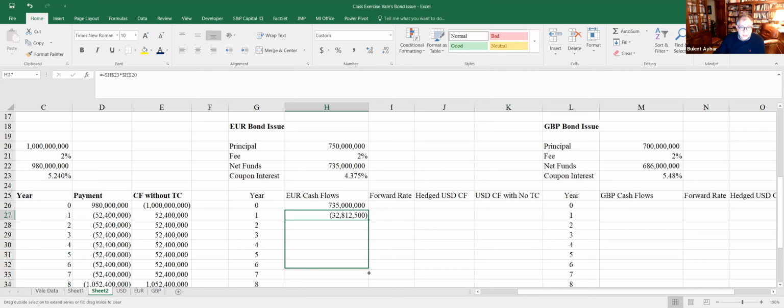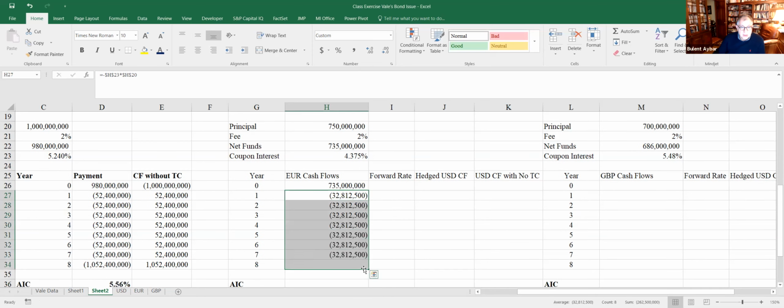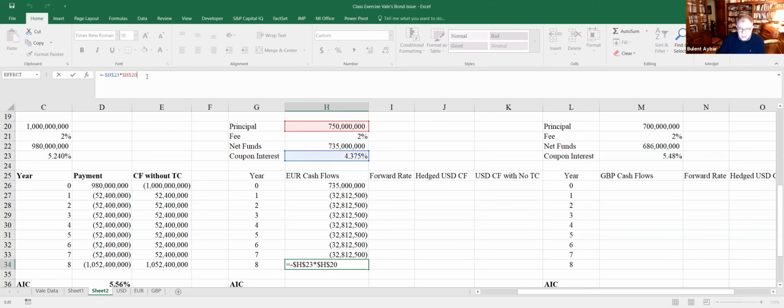If I copy this through, I get all 8 years of coupon payments. In the last year, we will also pay back principal, so I need to add the 750 million principal payment in here. I got my euro cash flows in here.